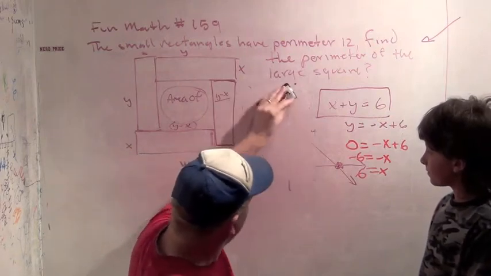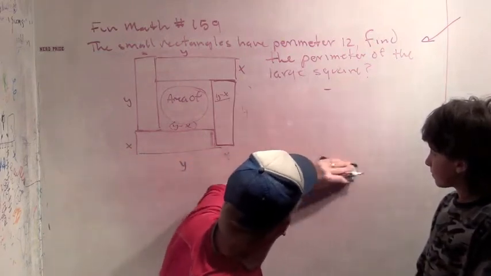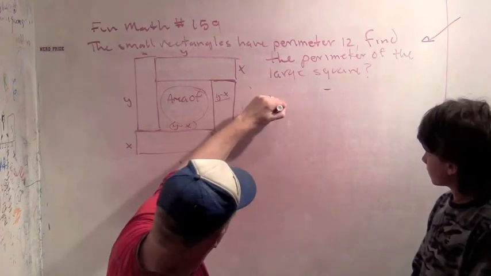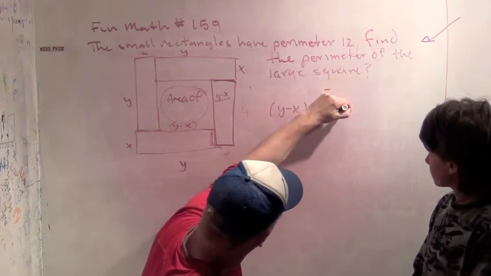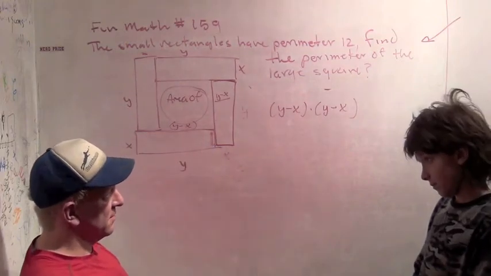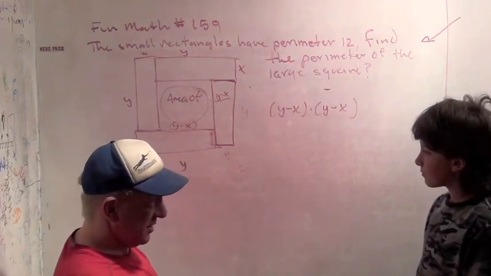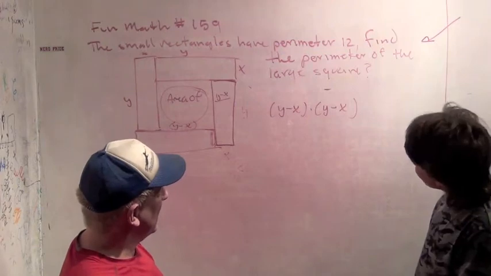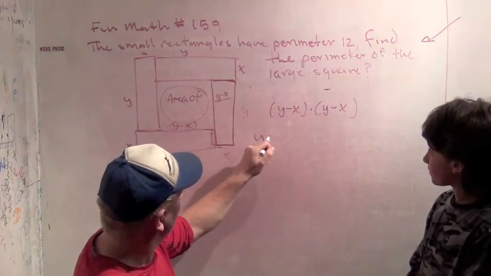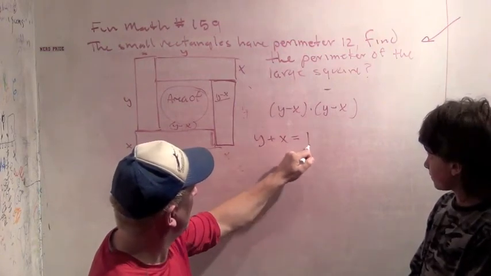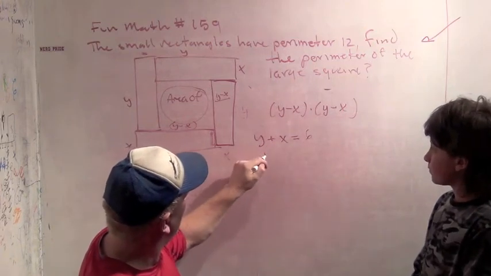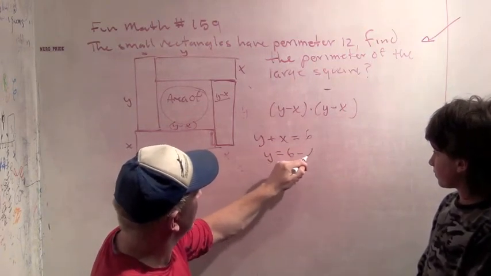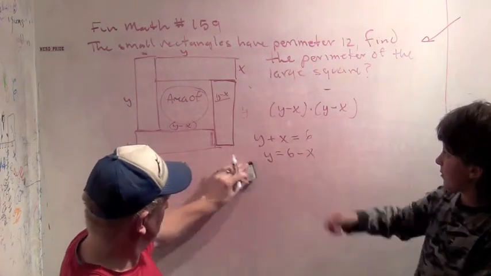So the area of that center square is y minus x times y minus x. Now that's interesting, because we know that y plus x equals 6, or y equals 6 minus x.